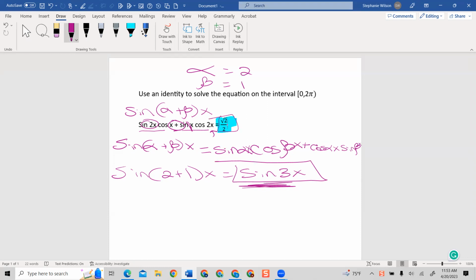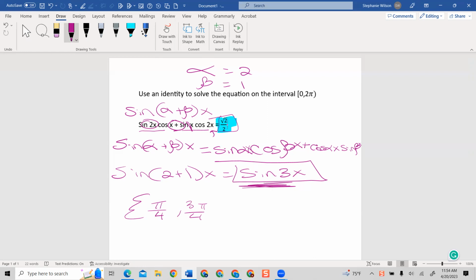I see that I get a solution of pi fourths, and I'm going to keep looking, and where else do I see it? I get 3 pi fourths. Now, there is a square root of 2 halves in quadrants 3 and 4, but remember that's where our sine values are negative, so this stops us from that point.